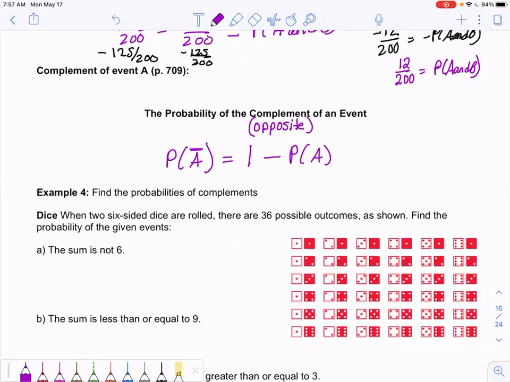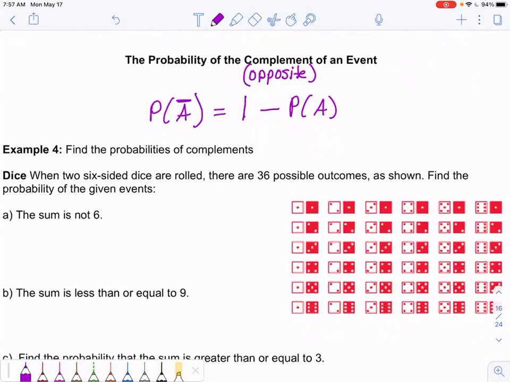If I roll 2 dice, there are 36 possibilities if I roll a pair of dice together. So think you're playing Monopoly. And you roll a 1 and a 6, so you move 7 spaces. But you could also roll a 6 and a 1, and you still move 7 spaces. So there's 36 combinations.